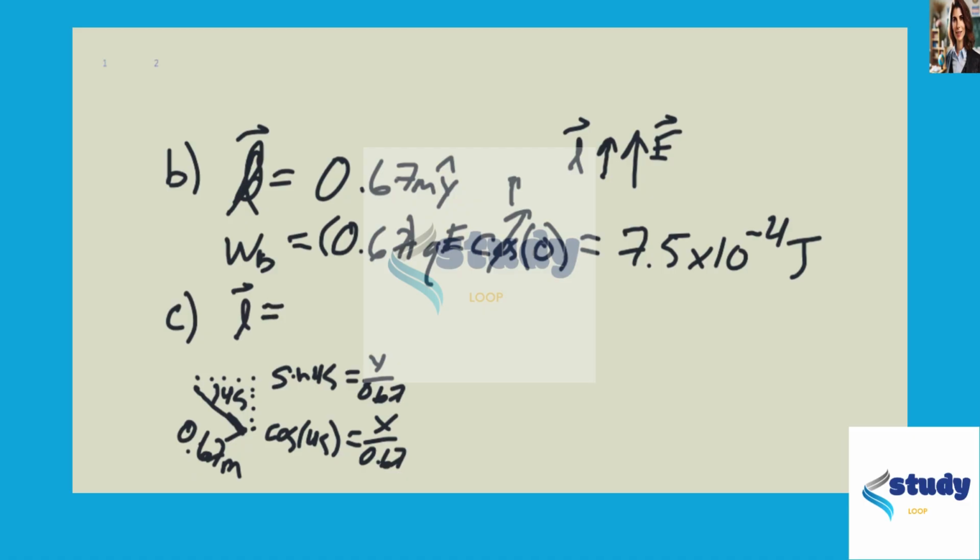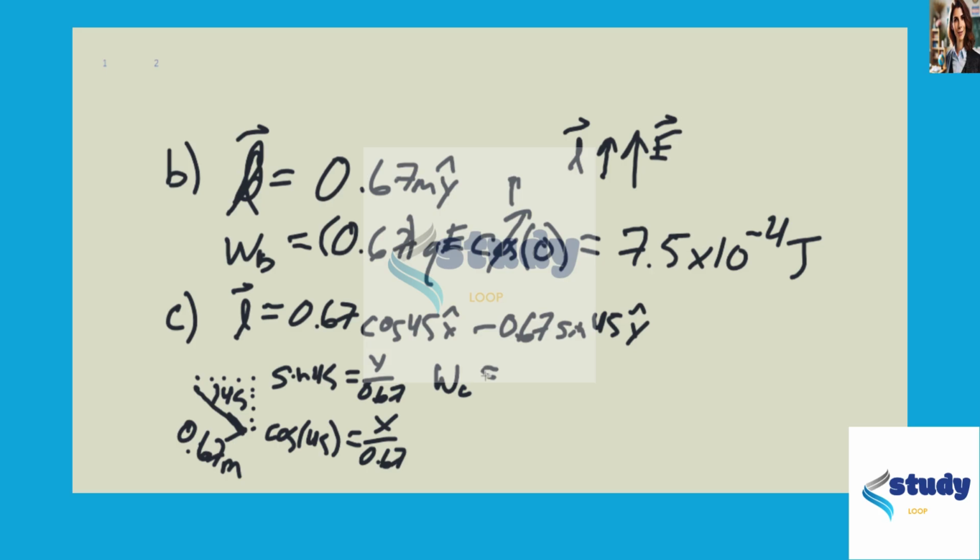So L is equal to 0.67 cosine of 45 x hat. And now, since it's going downward, we have minus 0.67 sine of 45 y hat. So now we have to actually do this dot product.